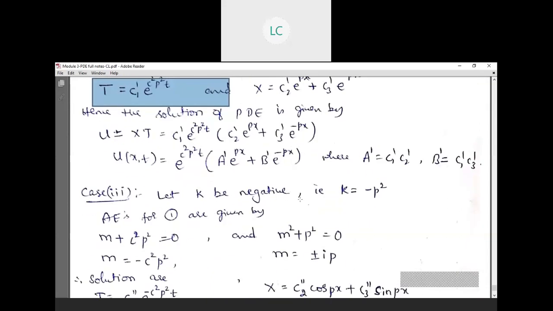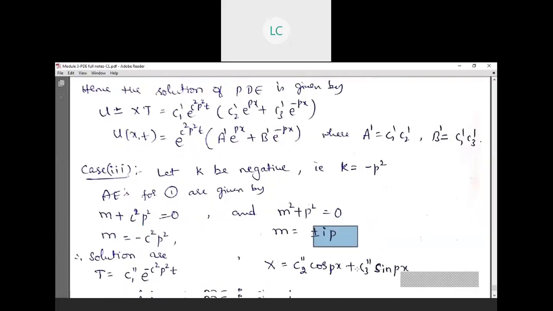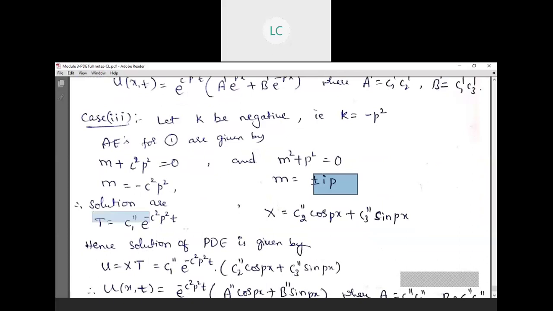Now if k is negative, k is equal to minus p square. Then the auxiliary equations are m plus c square p square equal to 0, that is m equal to minus c square p square, a single root. Now for the second equation, m square plus p square equal to 0, that is m equal to plus or minus ip, imaginary roots. For those you should write the complementary function. That is T is equal to c1 double dash, since there we used c1 dash, e power minus c square p square t.